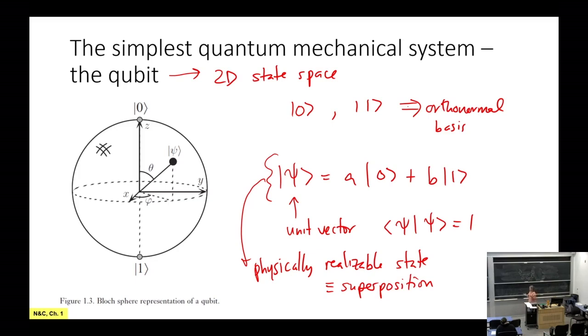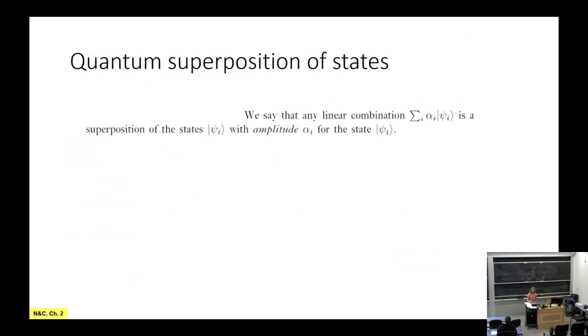Because of this superposition, like we've heard so far, we can't say that a qubit is definitely in a state 0 or definitely in a state 1 when it's in a superposition. We just have probabilities that it is one way or the other. So we can say that any linear combination of our states is a superposition of the states psi_i with amplitude alpha_i for that state.